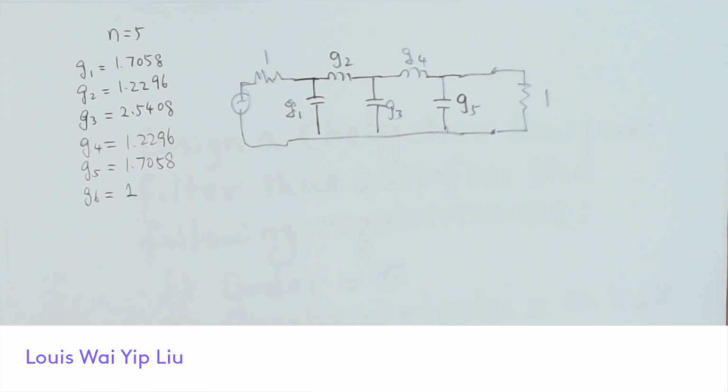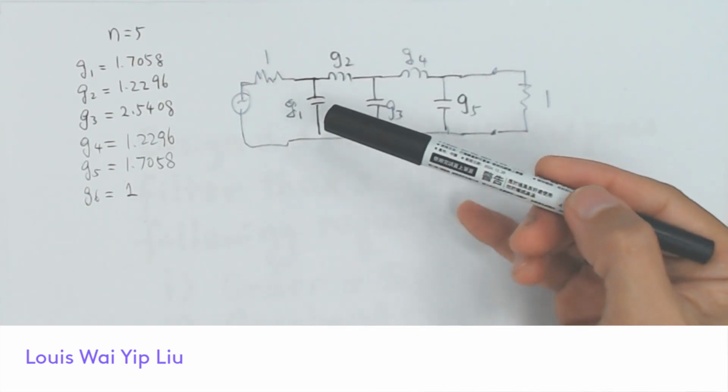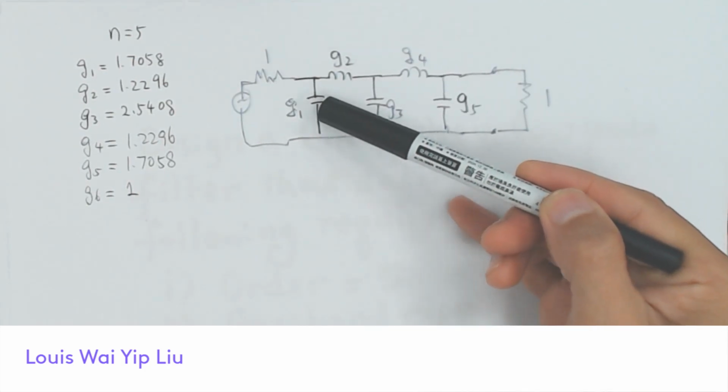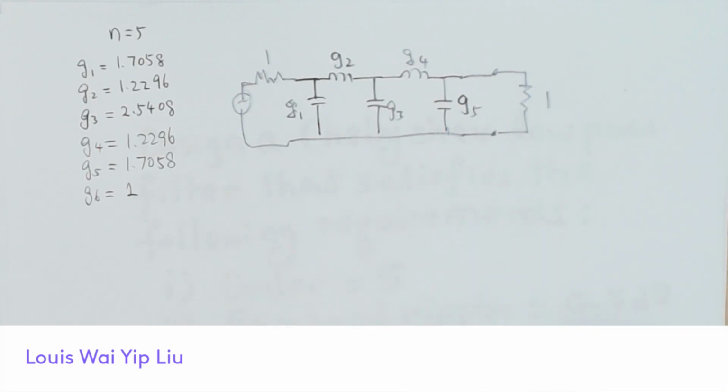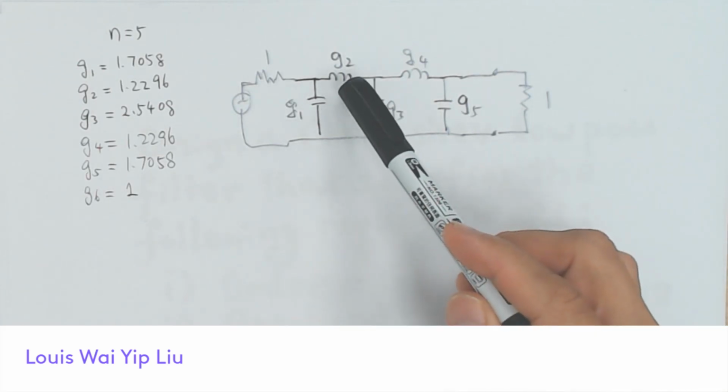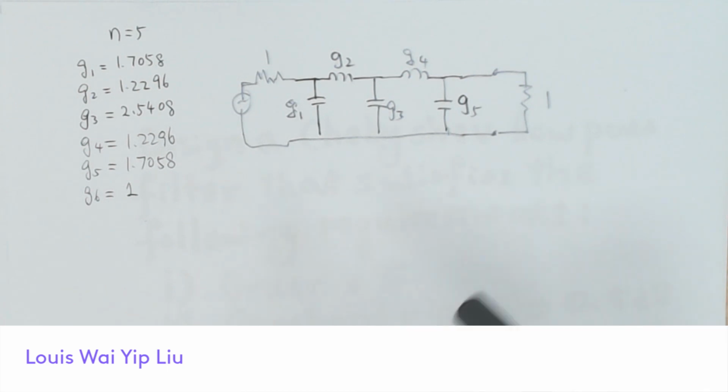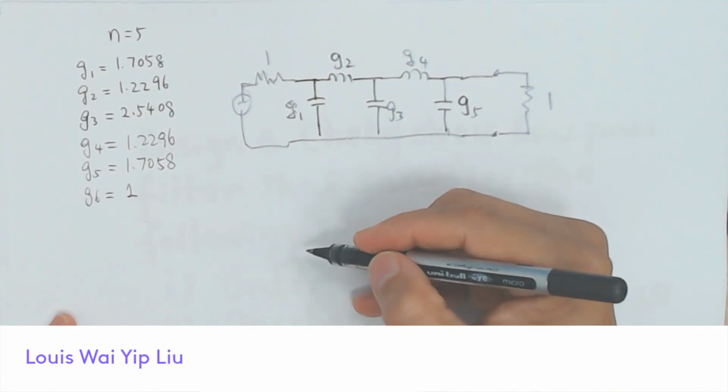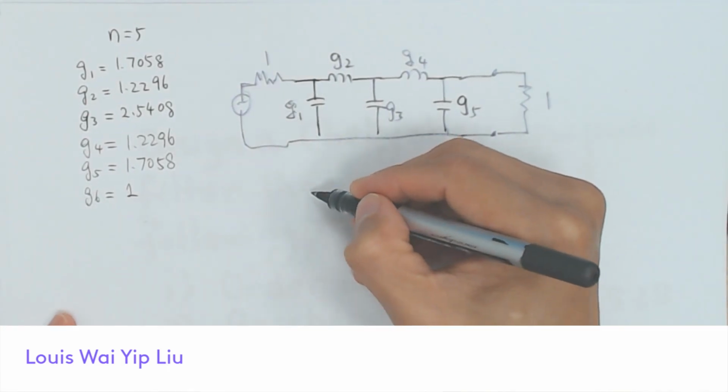Now the next step that we need is to use Richards transformation to convert all the capacitors into open circuit stubs, and all the inductors will be replaced with short circuit stubs.